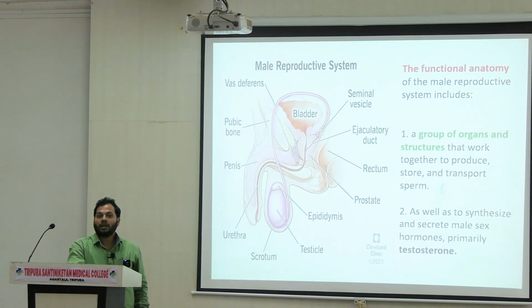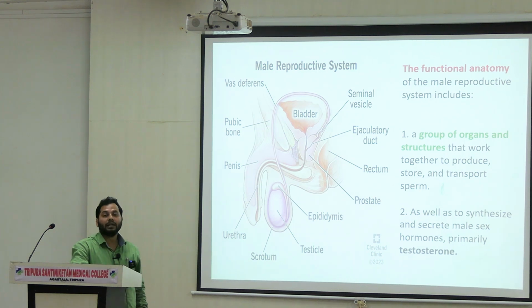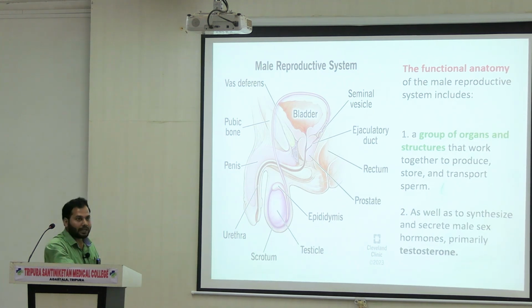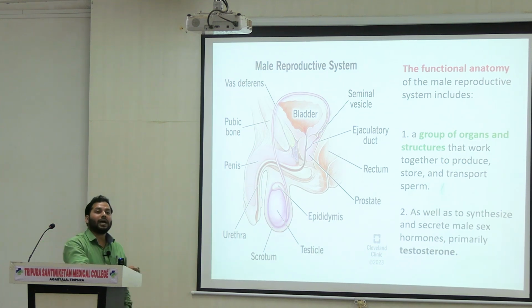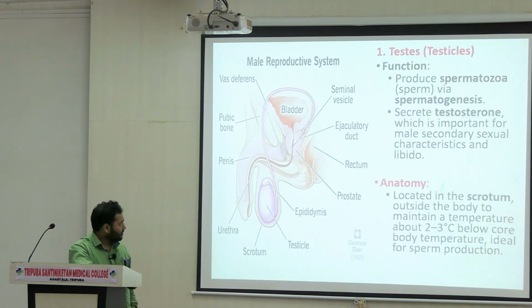Along with this, the male reproductive system is equally important for the secretion of male sex hormones, primarily testosterone, because we know testosterone is the most important male sex hormone that plays an important role in the reproductive process. So one by one, I'll try to explain the structural parts and their functional features.